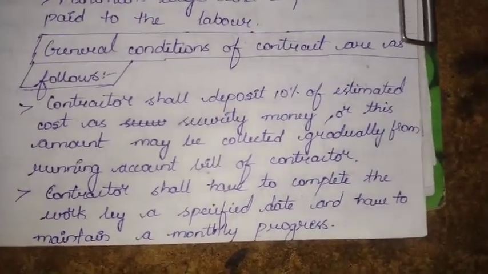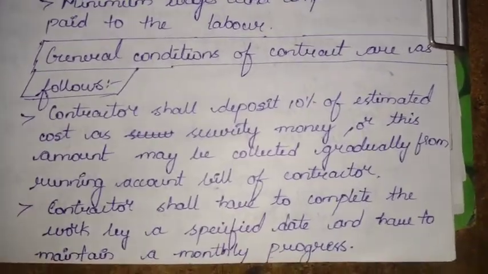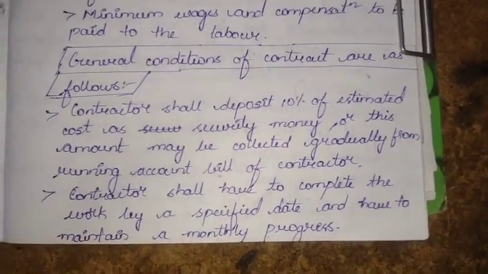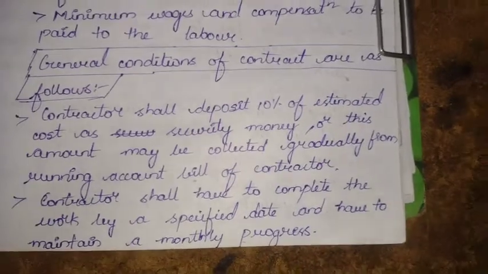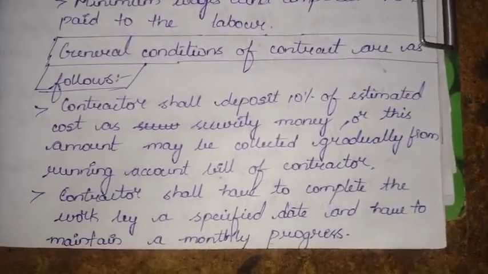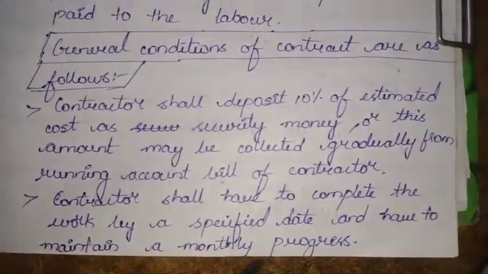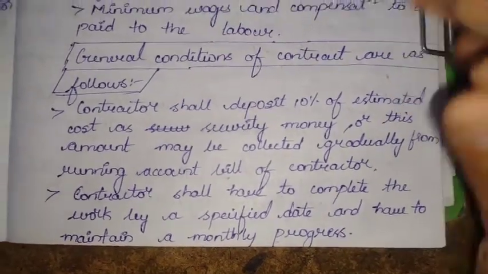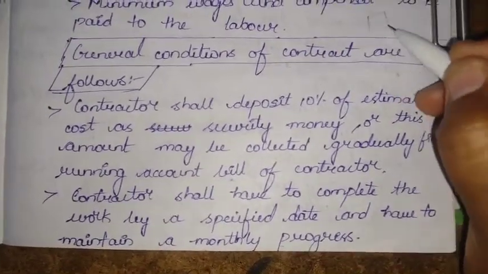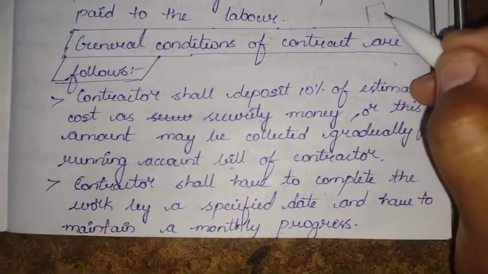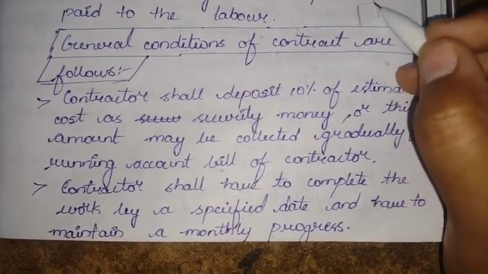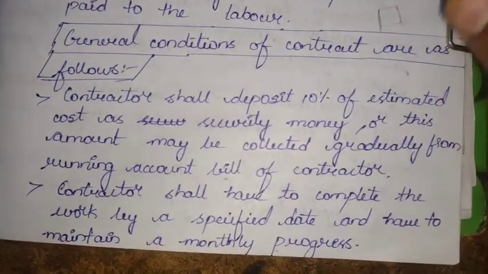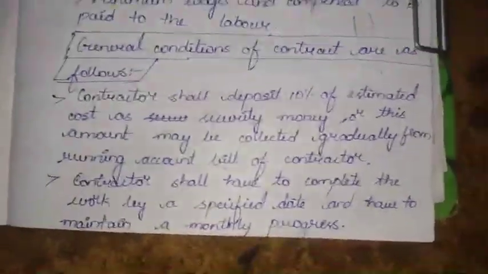Coming to this part, contractor shall deposit 10% of estimated cost. That is, the estimated cost of the project that has been undertaken, that the accepted party accepted to complete, right? If this contract is based on the completion of some building, let us just think this is around 20 crores, that is the estimated amount of this project.